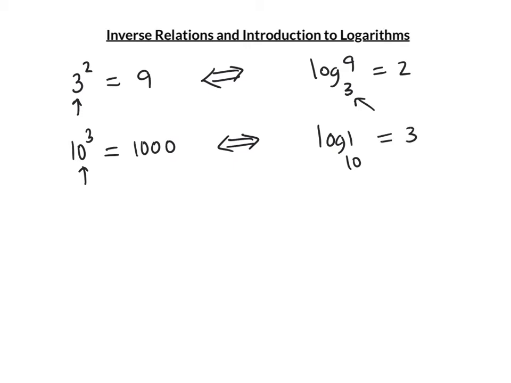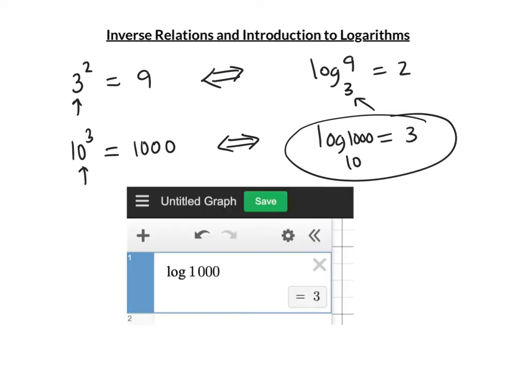So the log base 10 of 1,000 equals 3. Try this in Desmos. Here I plugged in the log of 1,000. What I said was if you don't put a base, automatically the base would be 10. So the log of 1,000 is 3 because 10 to the third power is 1,000.